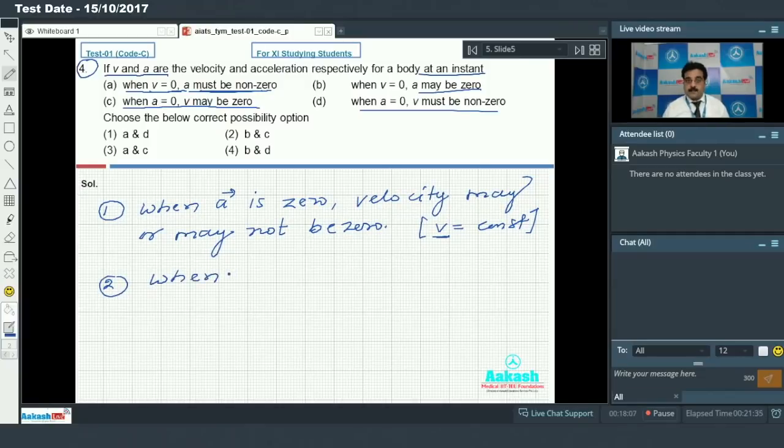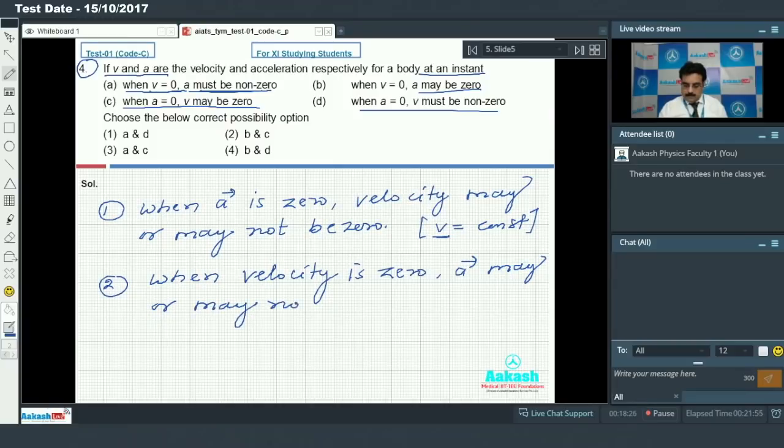And if I go to my condition number 2, when velocity is 0, तो क्या मैं कह सकता हूं कि acceleration 0 होगा? So when velocity is 0, then acceleration may or may not be 0.